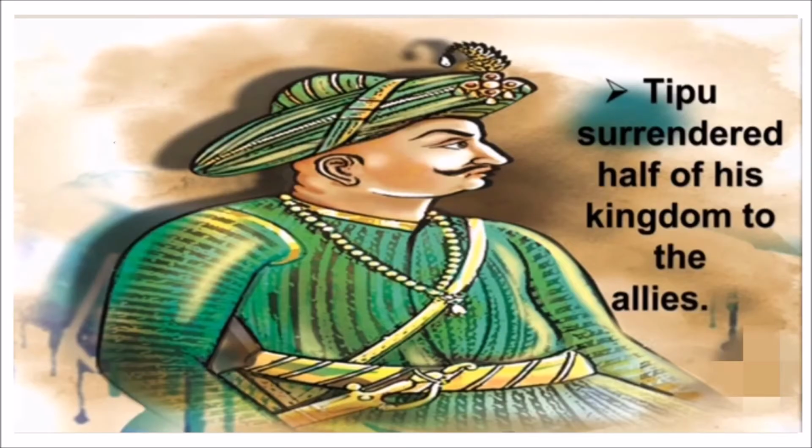According to the Treaty of Srirangapatnam, Tipu surrendered half of his kingdom to the Allies.